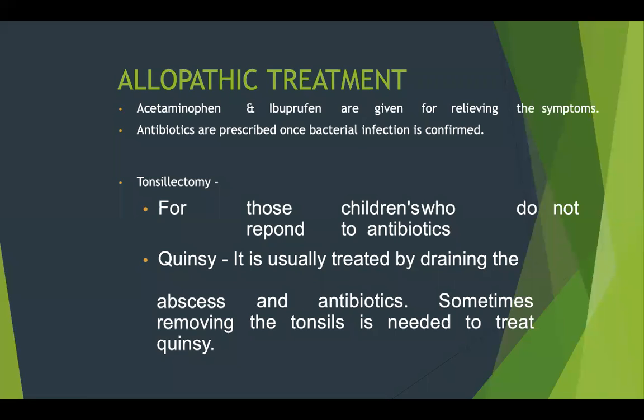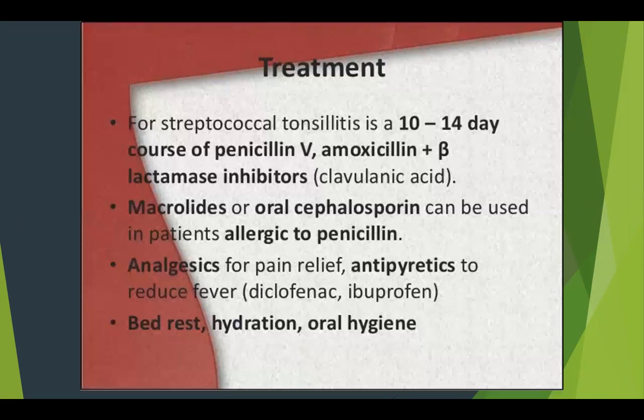Tonsillectomy is for those children who do not respond to antibiotics. Quinsy is usually treated by draining the abscess and antibiotics. Sometimes removing the tonsil is needed to treat quinsy.